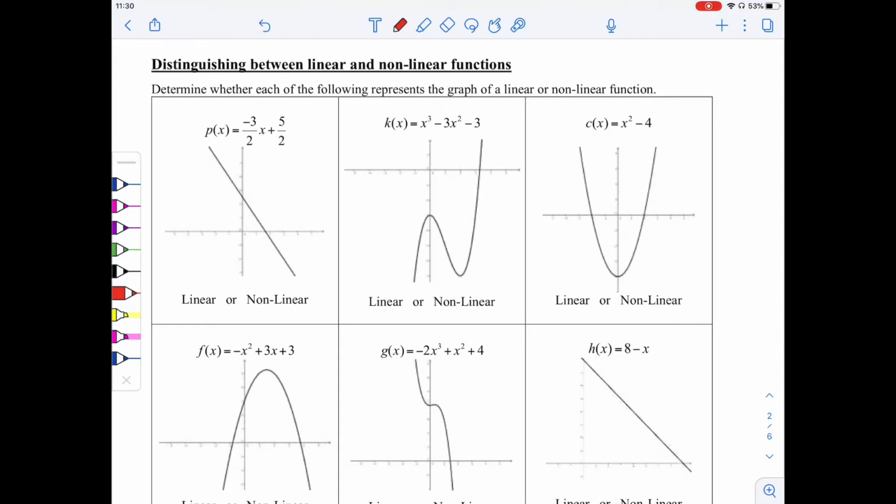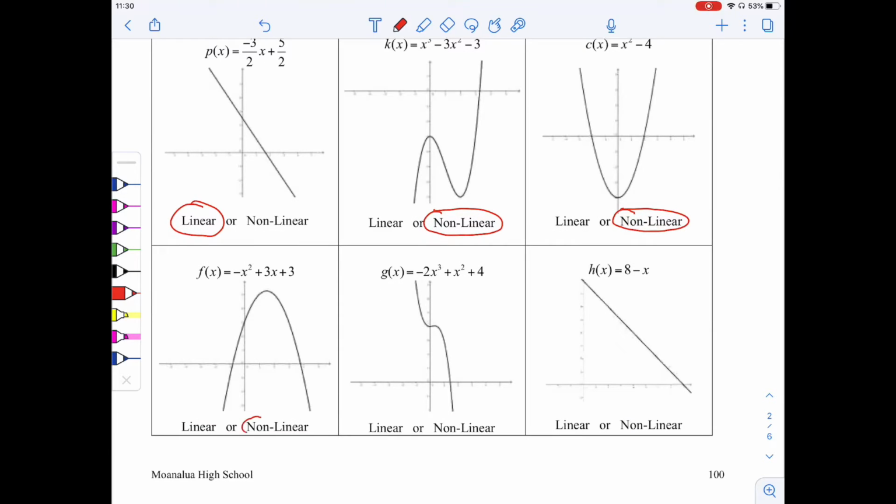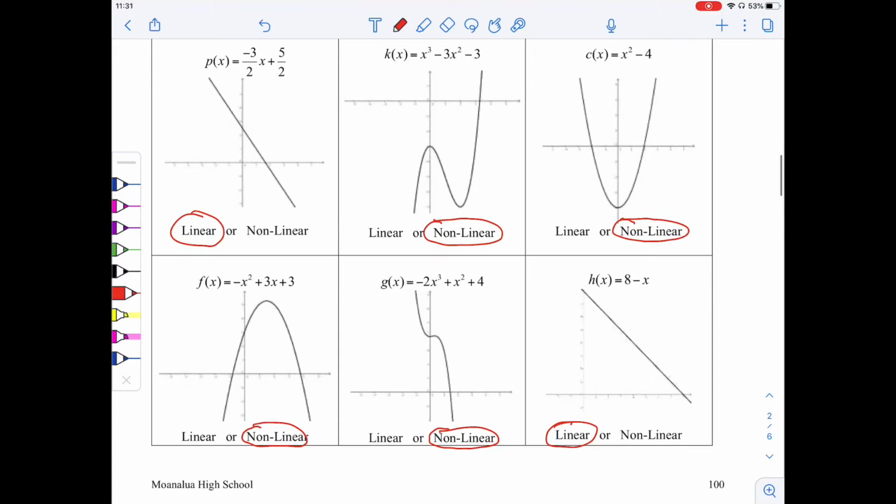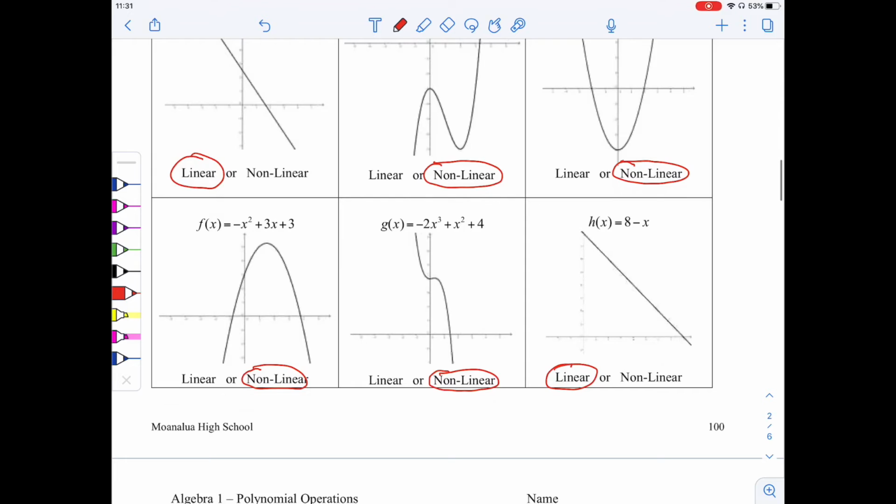We look at which one has a straight line. This one has a straight line, so it's linear. This one does not, it's curvy. This one, non-linear. Bottom left, non-linear. Middle, non-linear. This one, straight line, linear. So whatever is a straight line, linear. Whatever is not, is non-linear. It's not a straight line.